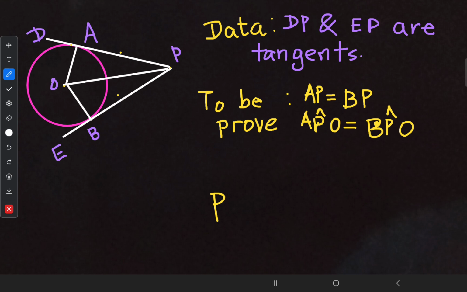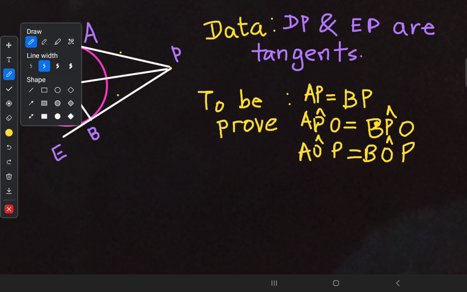In congruent triangles, corresponding remaining elements are also equal. That's the thing we are going to find. Then AOP equals BOP.